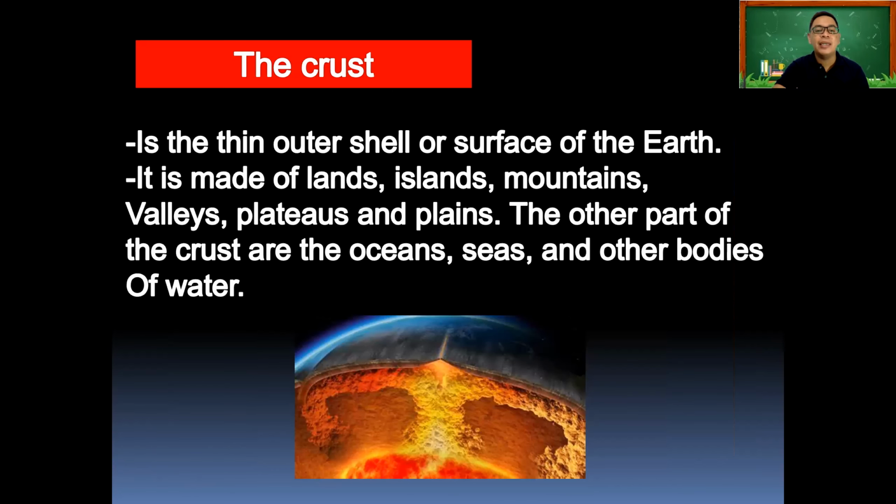The crust is a thin outer shell or surface of the earth. It is made of lands, islands, mountains, valleys, plateaus, and plains. The other part of the crust are the oceans, seas, and other bodies of water. And that is what we call the crust.